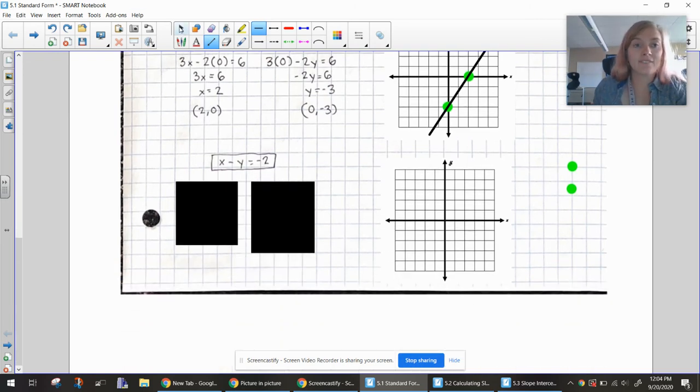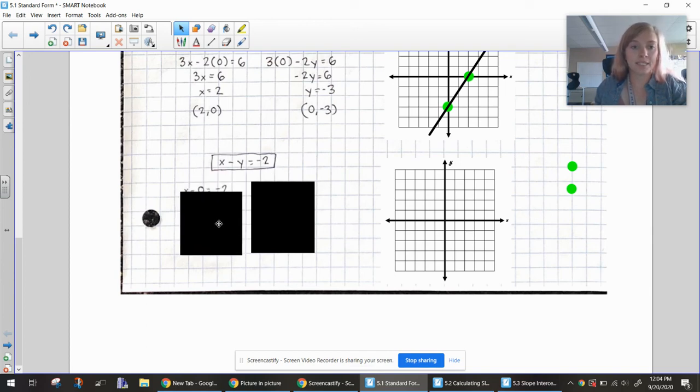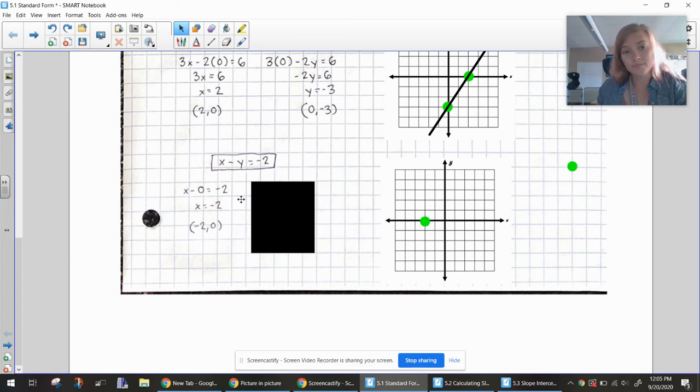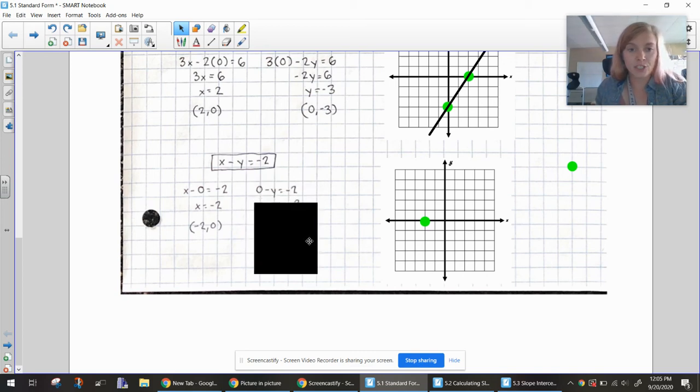Okay, final example. We have x minus y equals negative 2. To find the x-intercept, I'm going to set y as 0. x minus 0 equals negative 2. So that leaves me with x equals negative 2. So that's my x-intercept. Then I'm going to substitute 0 for x to find the y-intercept. So 0 minus y equals negative 2.